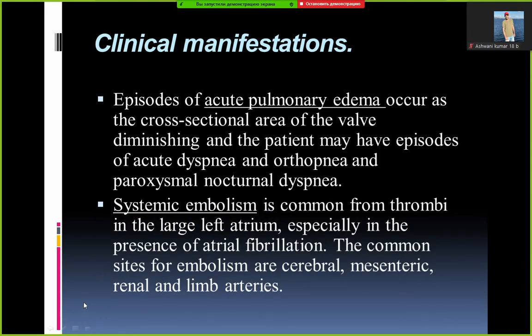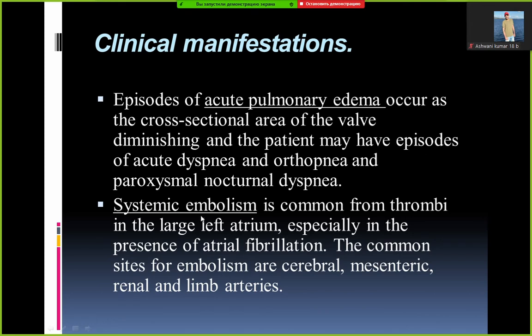Episodes of acute pulmonary edema occur as the cross-sectional area of the valve diminishes, and the patient may have episodes of acute dyspnea and orthopnea and paroxysmal nocturnal dyspnea. The next very important clinical presentation of mitral stenosis is systemic embolism.